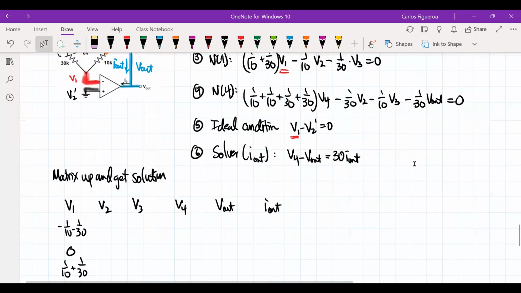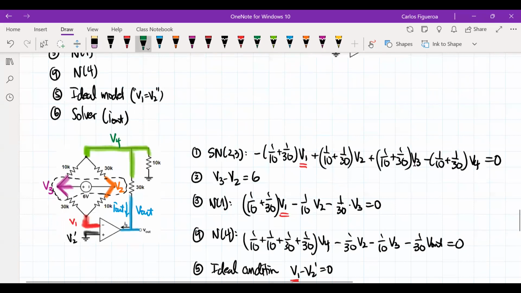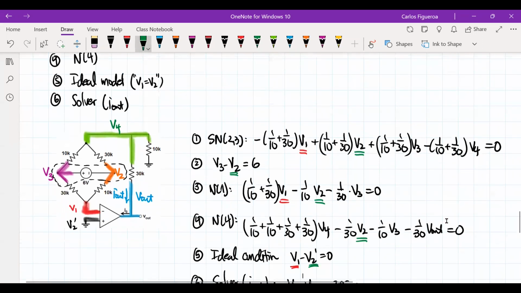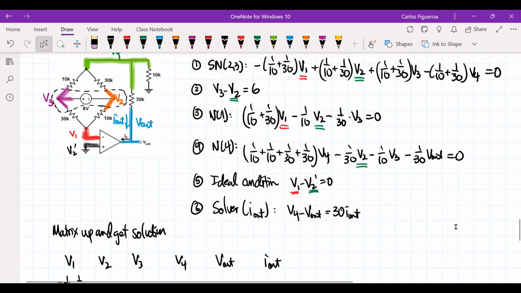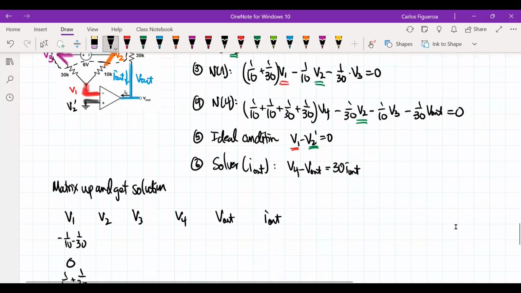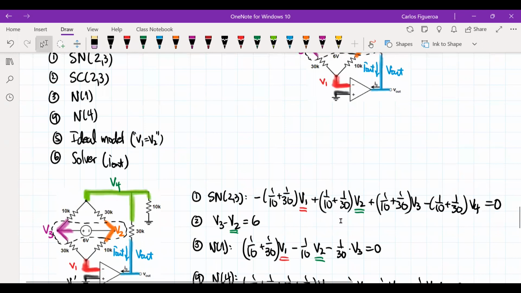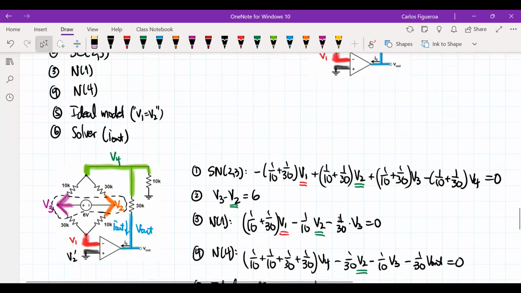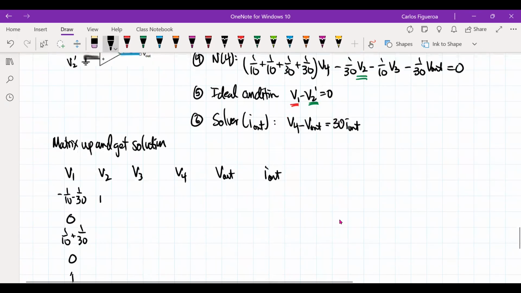So now let's go do V2. If I look at V2, I have V2 here, here, here, here, here. And then I'm just going to go down that line here. So if I look at that, I'm going to get what? I have 10 plus 30. So I have 10 plus 30.